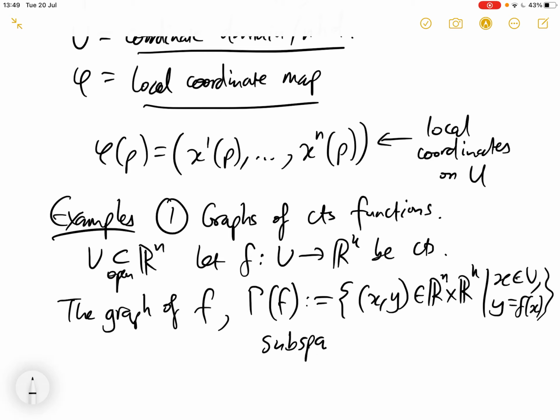This has the subspace topology because it's a subspace of Rⁿ⁺ᵏ.